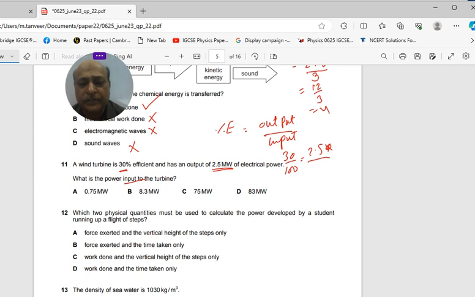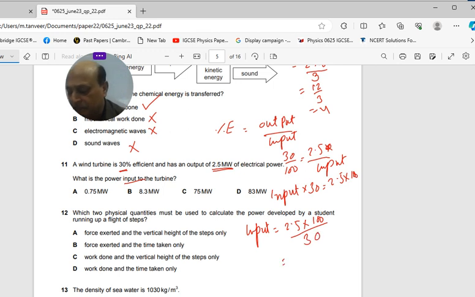Input you have to find by cross multiplying. Input multiplied by 30 equals 2.5 multiplied by 100. So your input will be 2.5 multiplied by 100 divided by 30.